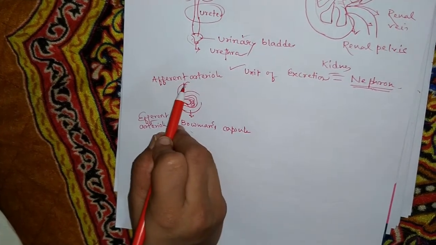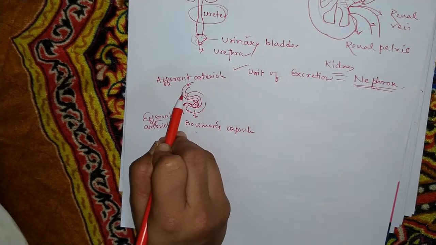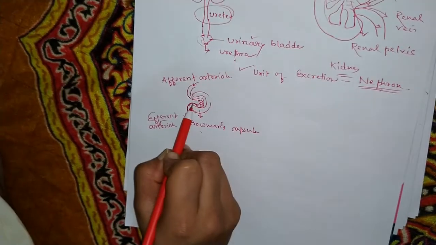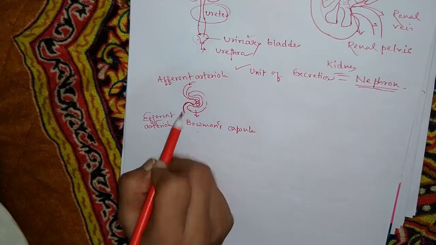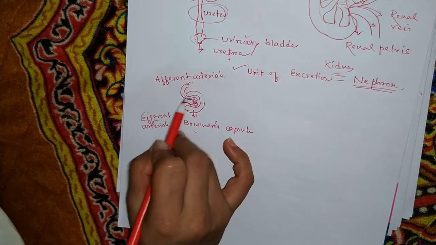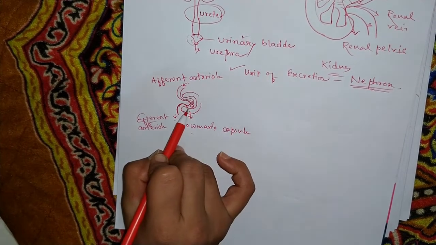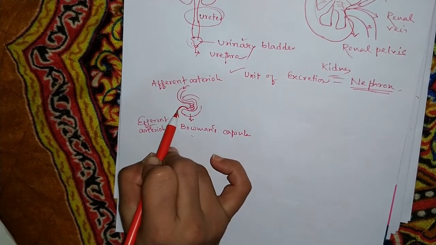The afferent arteriole will carry all the blood and it will make a mesh-like structure. Then the blood goes through the efferent arteriole. What happens here? The mesh-like activity creates a huge pressure. Blood enters here, but it goes outside through a very small outlet.